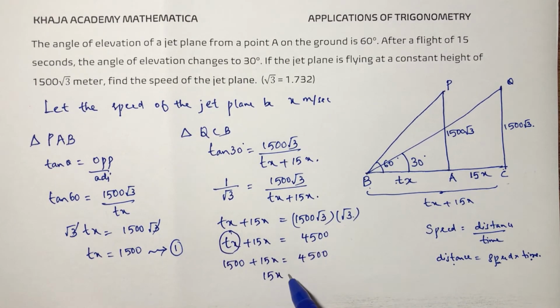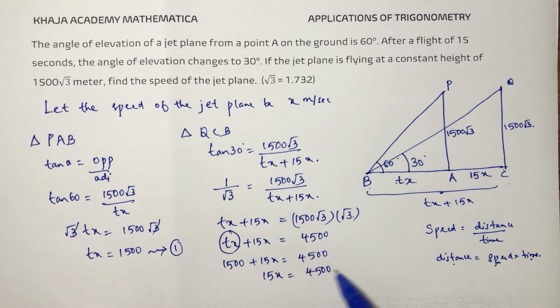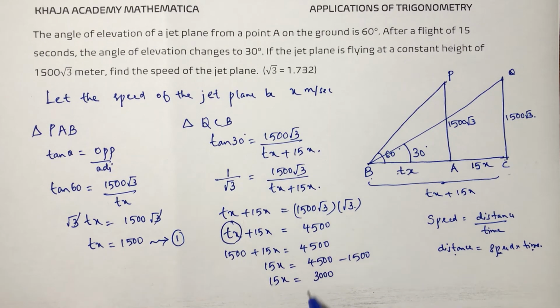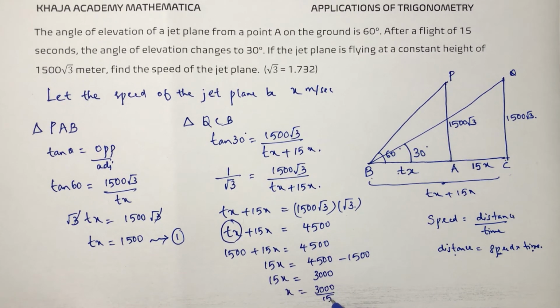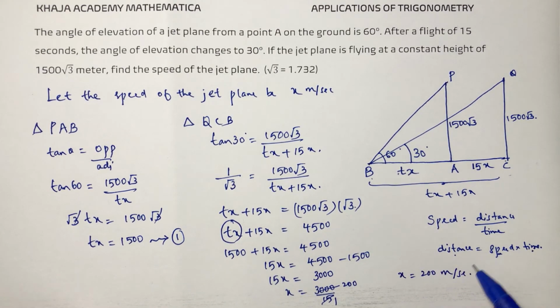So 15x equals 4500 minus 1500, so 15x equals 3000. So x equals 3000 by 15. So the speed is 200 meters per second.